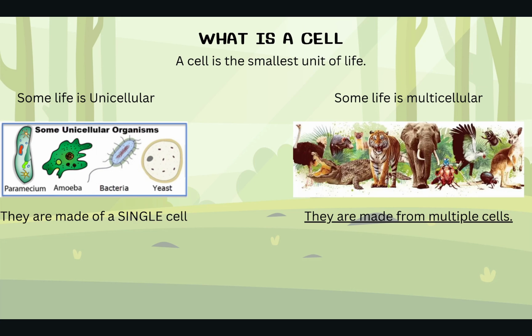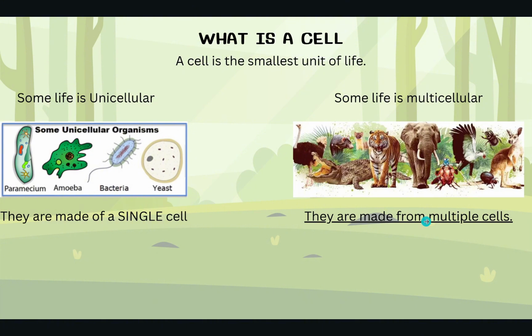So in the other gray box, many plants and animals are called multicellular. What does multicellular mean? So let's just break the word apart. Multi, more than one, right? Cellular refers to cells. So it's simple.